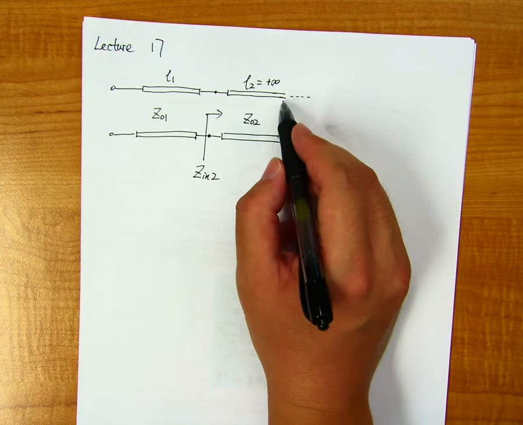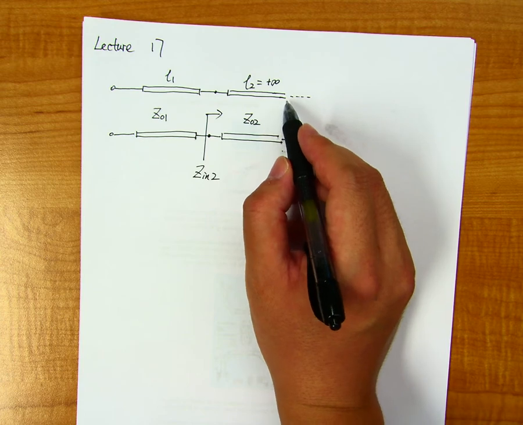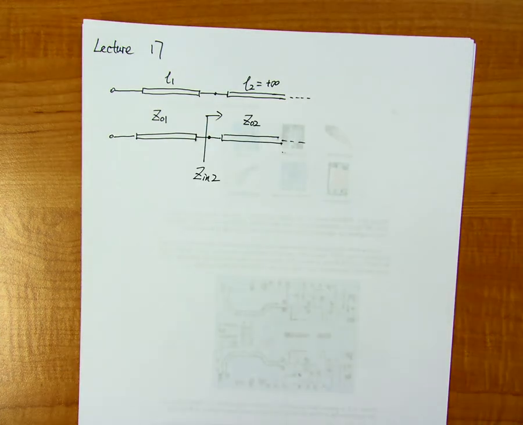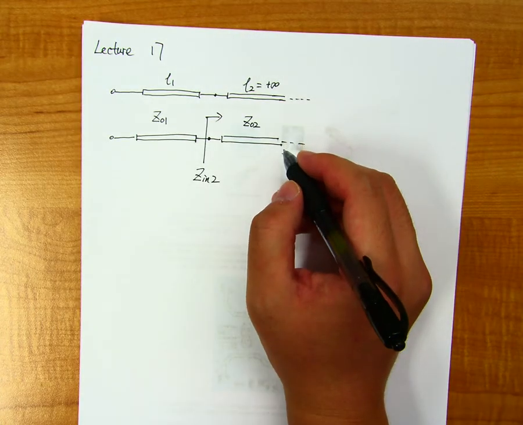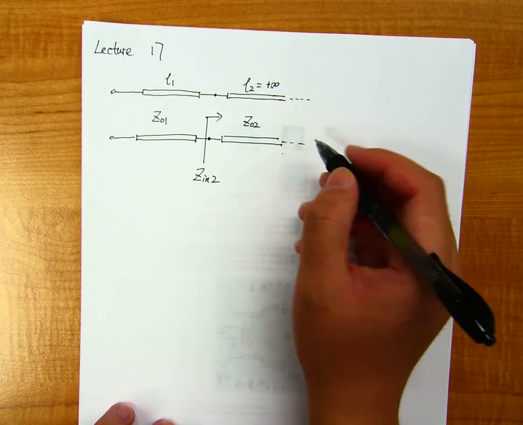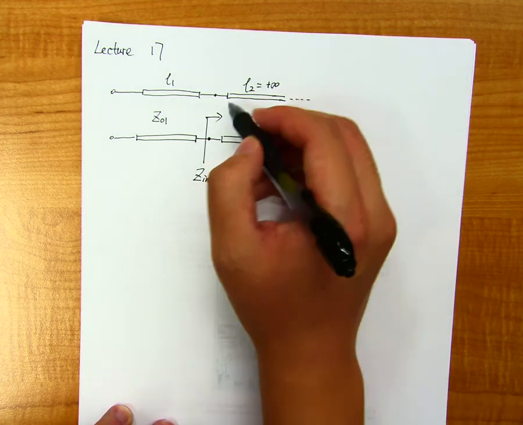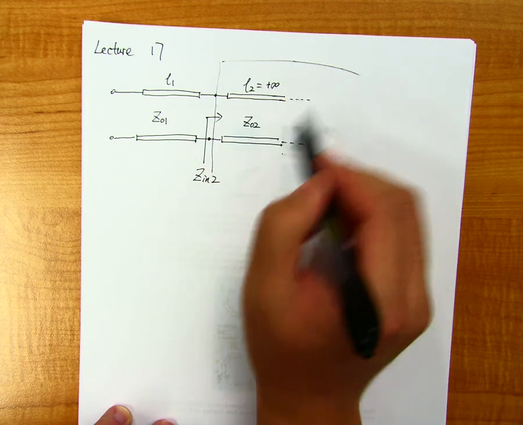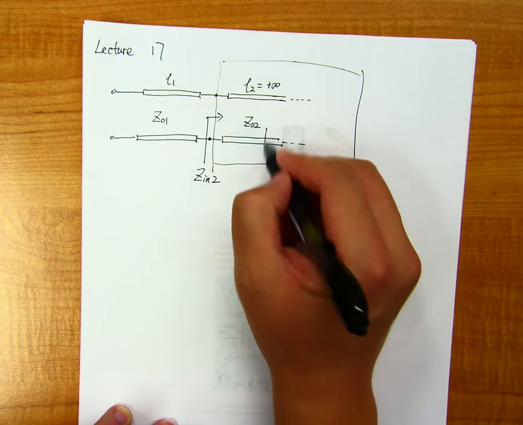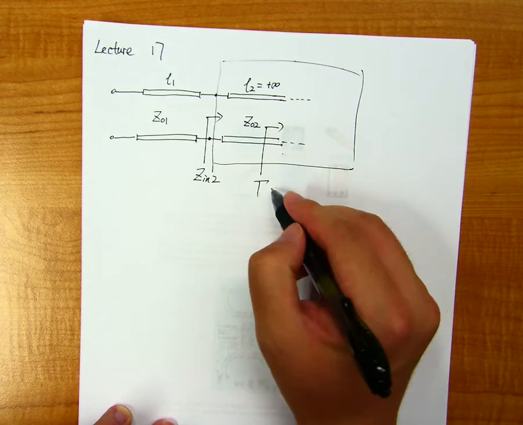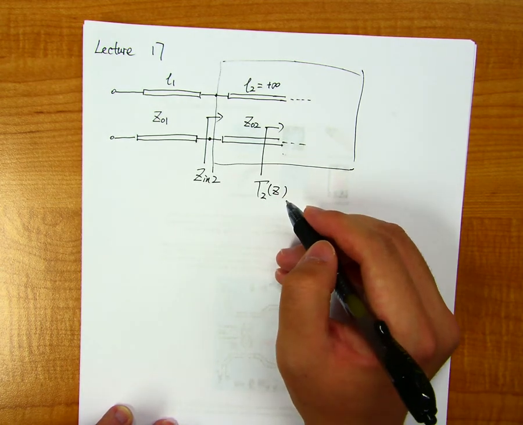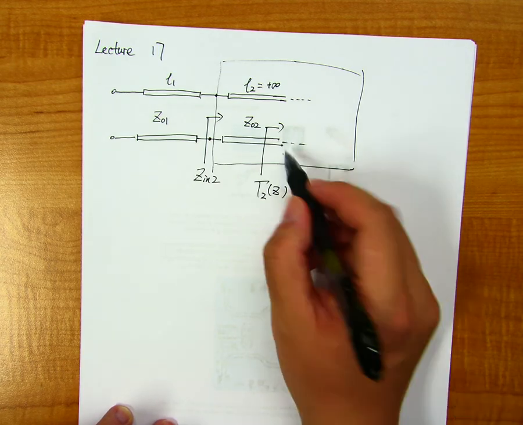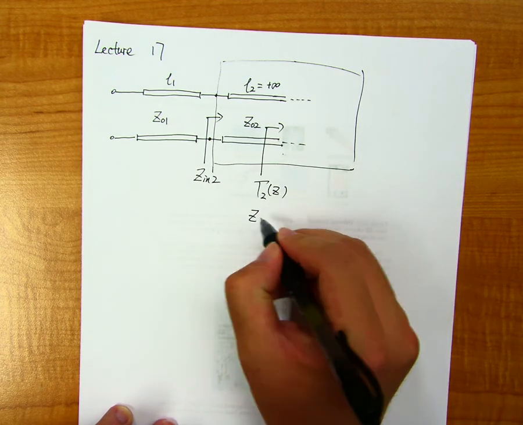Since the second section of this transmission line is infinitely long, we know that for the second part, if we look from here, we have gamma 2 of Z, because we are looking from the second transmission line, and Z in.